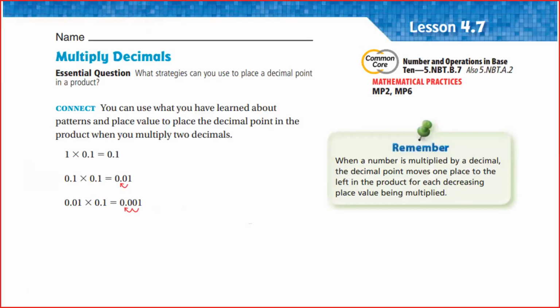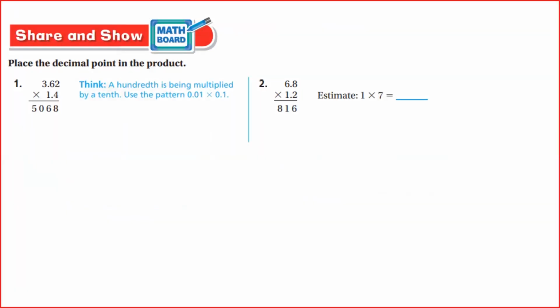It's page 271. Now, place the decimal point in the product. 3.62 times 1.4. Now, how many digits for the first one? Maryam.